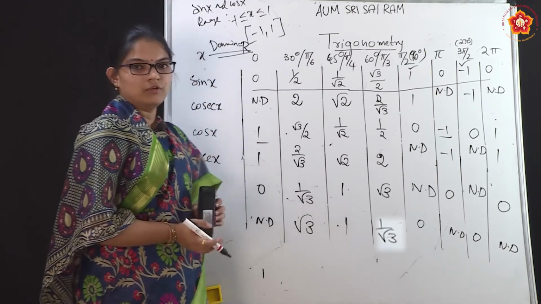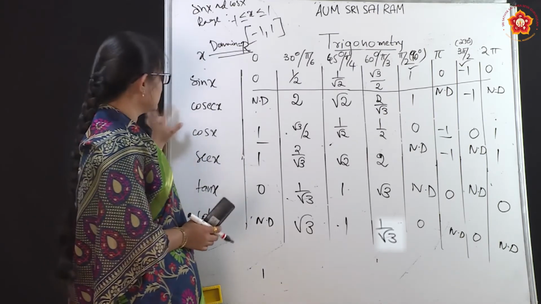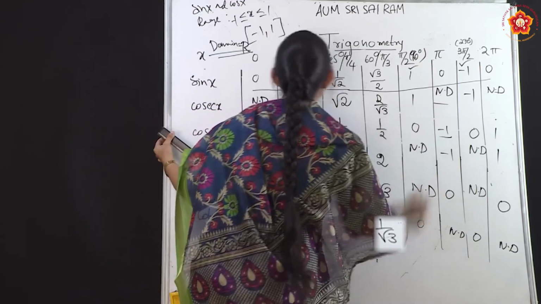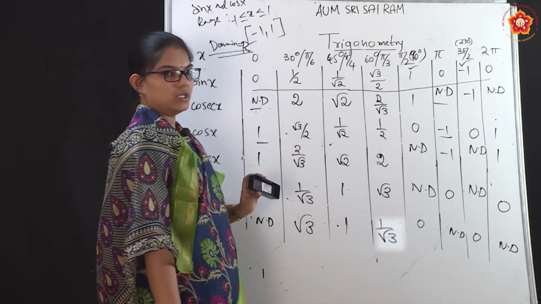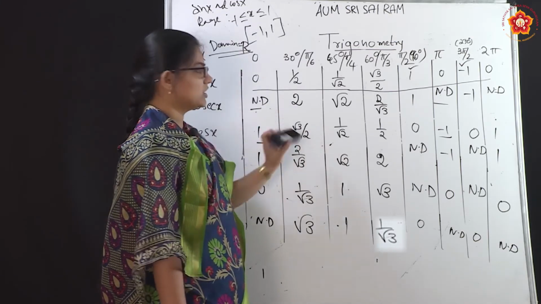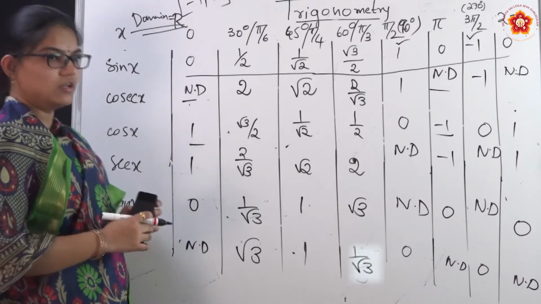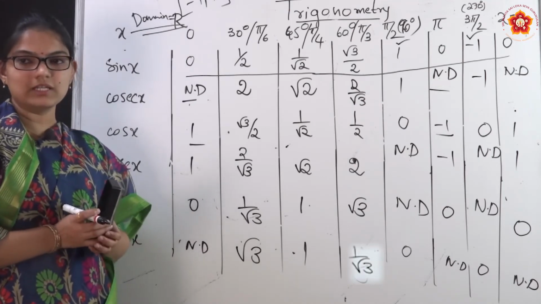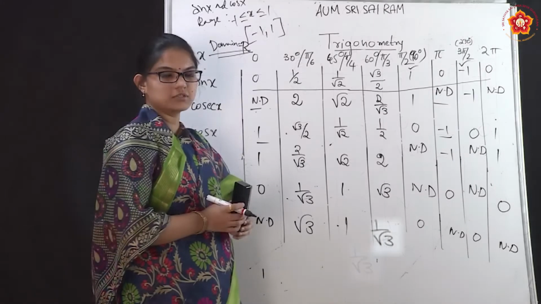Now, coming to their reciprocals, cosecant x, what you can observe? They are not defined at the multiples of pi, correct? For all the n pi, we will get it as not defined. So where it is defined, other than all the multiples of pi, we will get the value for cosecant x.